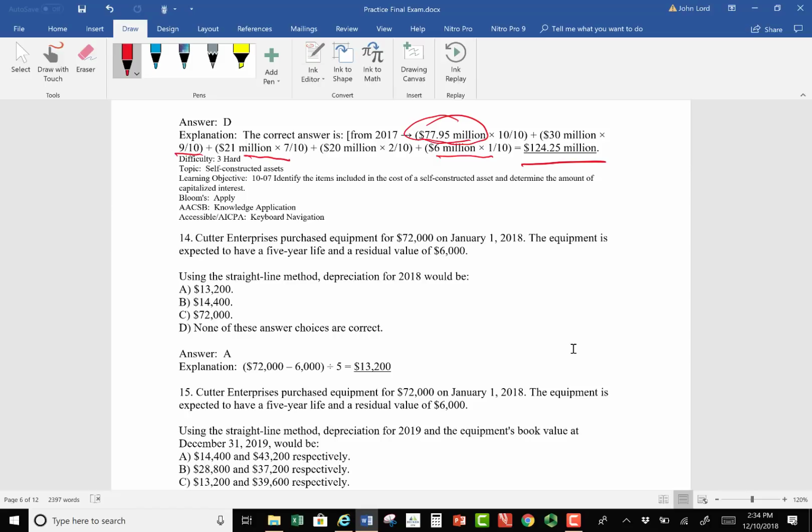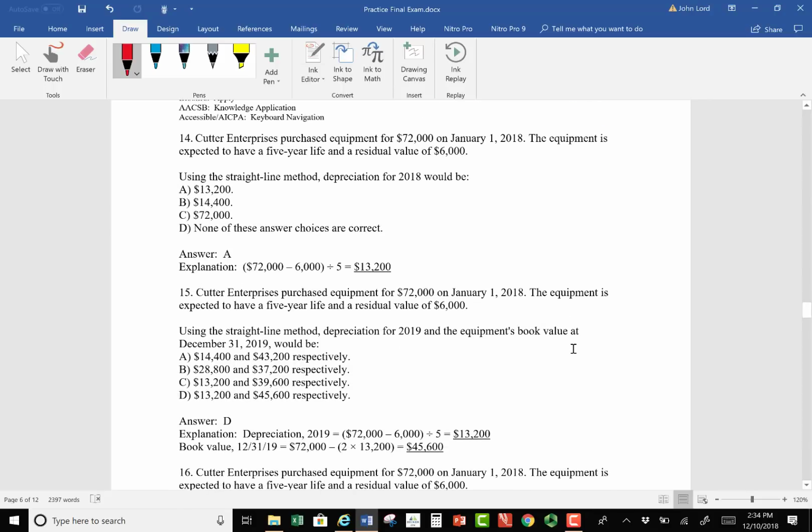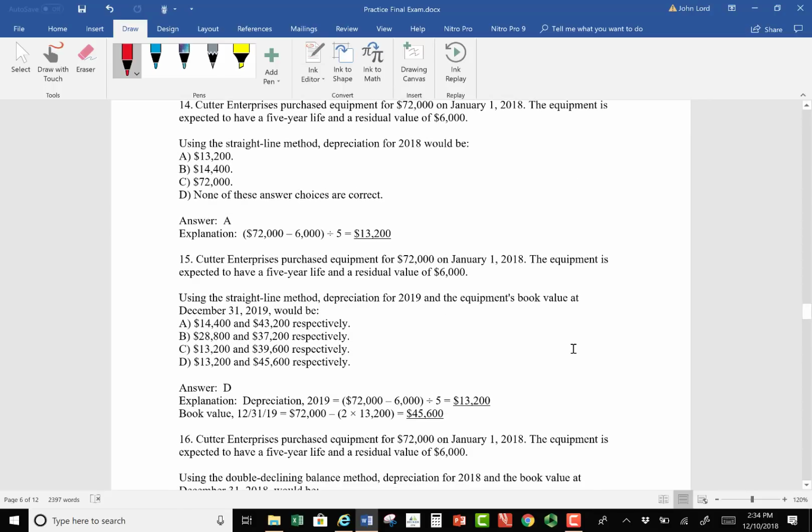Remember the cumulative effect of change in accounting principle, correction of error, change in estimate. That's all it's talking about in that chapter, which we already covered. But I will still put something up so you have that. If I had known that's all they were going to cover in that chapter, I would have saved us time and not covered it earlier, but I didn't realize they were going to get to it in chapter 20.